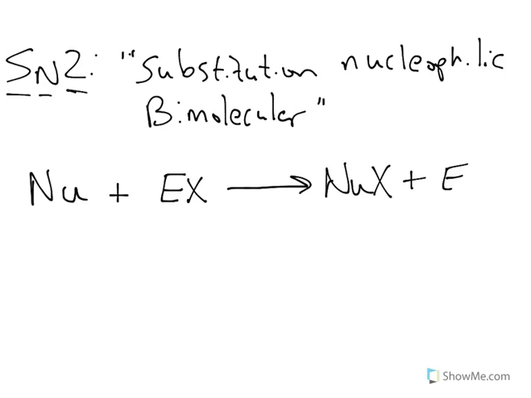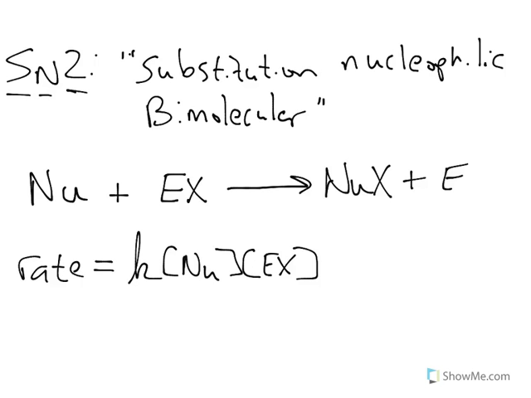What's cool about that is it allows us to write the rate expression quite easily, like so, because that's like our A plus B in the previous video. It's bimolecular because the rate of the reaction depends upon both the nucleophile and the electrophile.